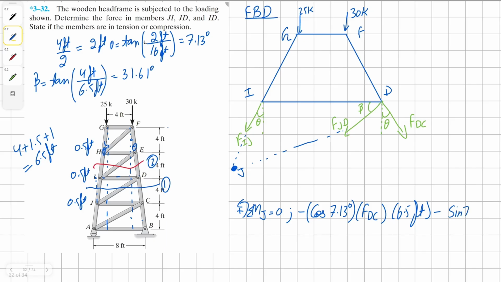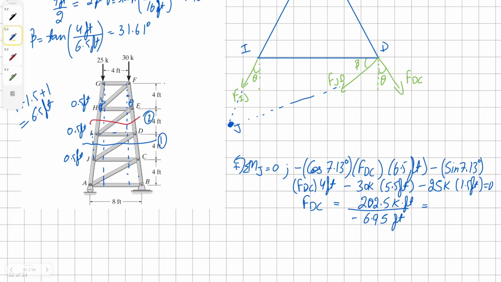It's going to be sine 7.13 degrees times force DC, and it's 4 feet away. Then our external reaction force of 30K is also clockwise, and it's 1.5 plus the 4 feet, so 5.5 feet away. And then we have our 25K also in clockwise direction, and it's 1.5 feet away from J.